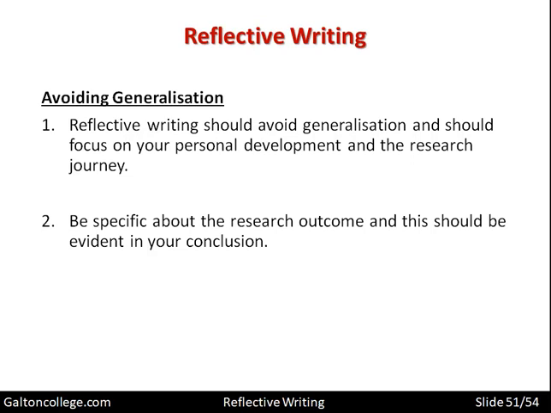Sometimes the outcomes are ambiguous in themselves, but clearly state that and state the reasons why they are ambiguous. But a lot of the time the outcomes will indicate some preferred course of action or some insight that the data or the analysis has given us. In that case, make sure it's stated clearly in the conclusion.